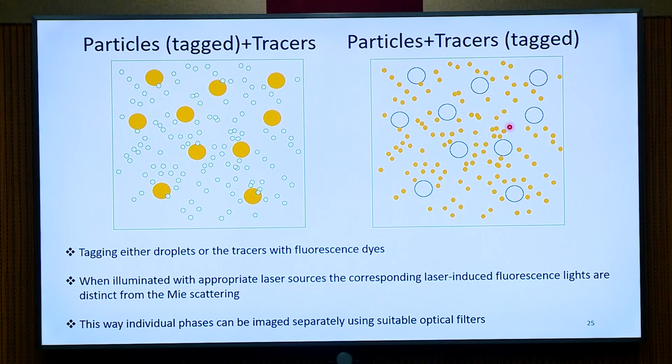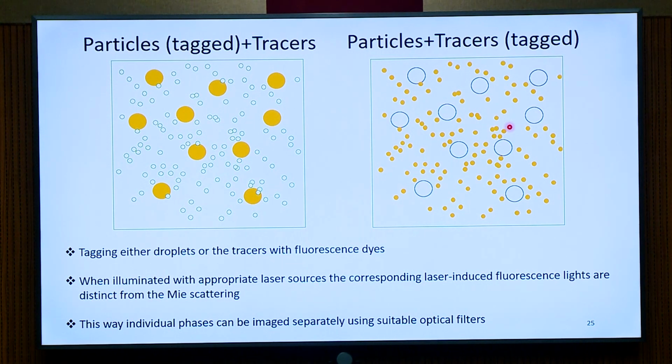For example, if you take water and put rhodamine dye and illuminate that with 532 nm green light, then it fluoresces towards the red light spectrum. So the spectrum shifts towards the red. Then I can put a suitable filter, filter out the green light and capture only the red light. So this is the basic principle of LIF.